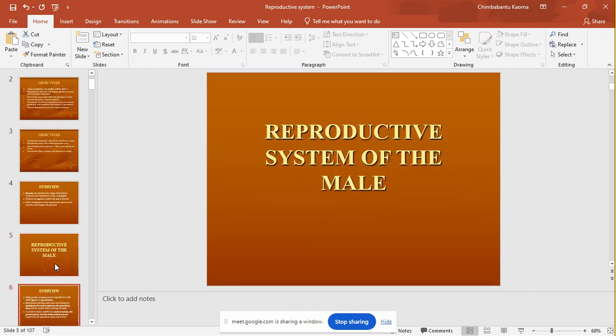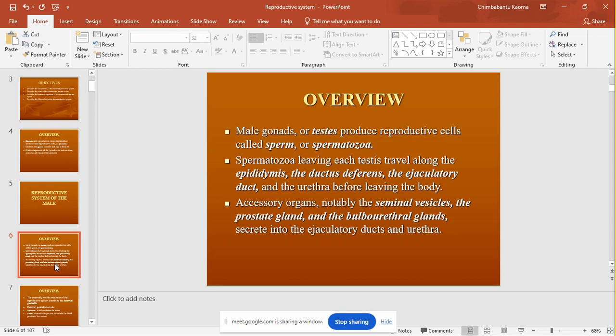Okay, so we shall focus on the male. In the male, the gonads are the testes, and their role is to produce sperms, but also hormones.